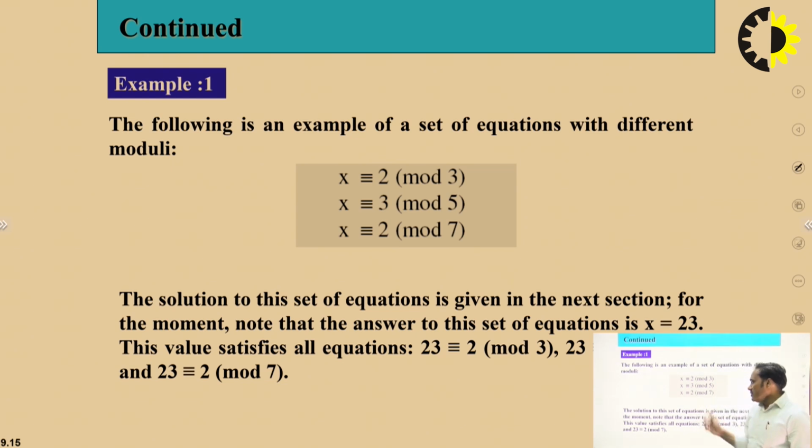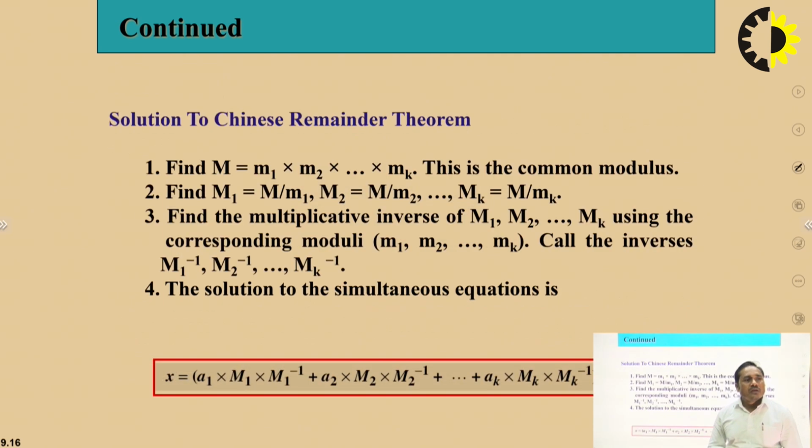So these are the values where you can find a1, a2, a3, and similarly m1, m2, m3. Now we are going to explain how to calculate the value of x. If you are going to solve the Chinese remainder theorem, first you will read the 4 important points.